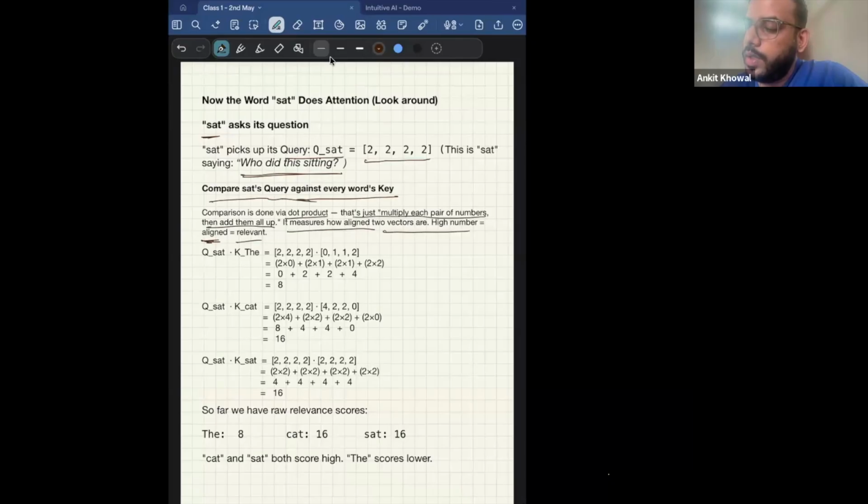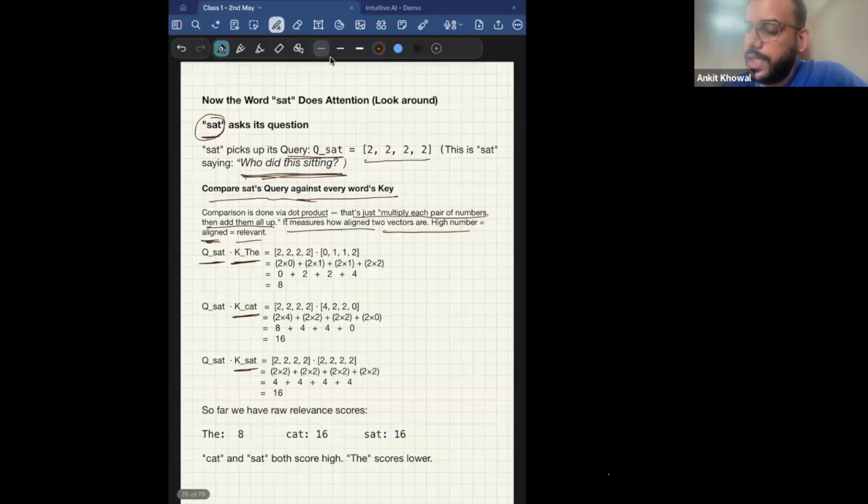So what I'm doing over here, the word SAT is doing the attention, which is looking around to understand its meaning. So the query vector of SAT is: who is doing the sitting? So what basically I will do is take the query vector of SAT, multiply it with the key of the, multiply it with the key of cat, multiply it with the key of SAT. Okay. What will happen over here?